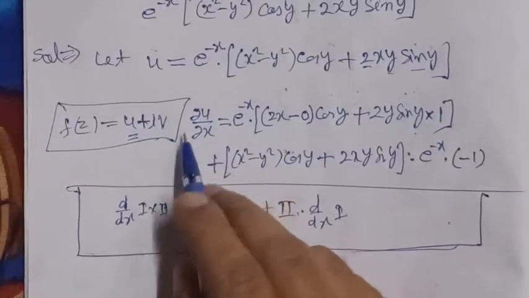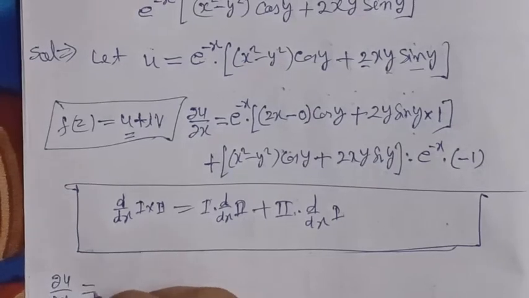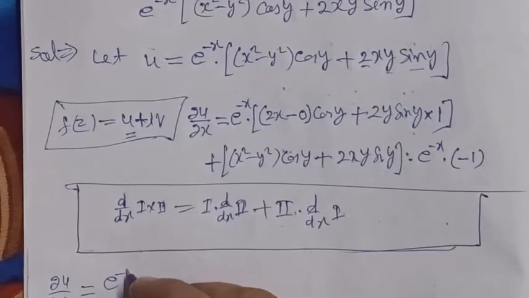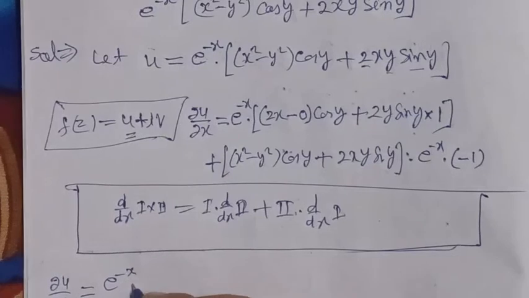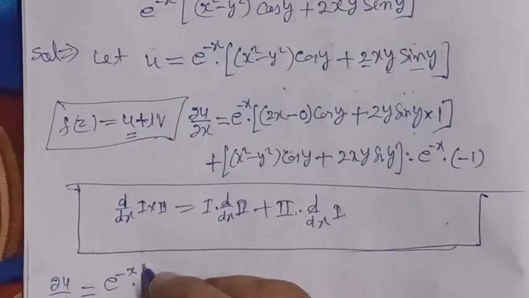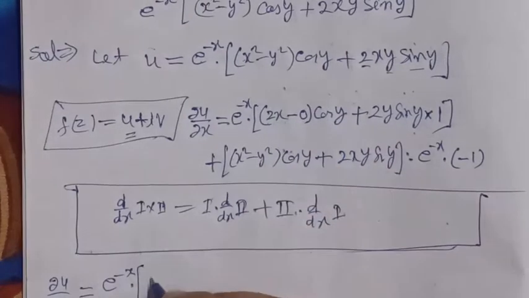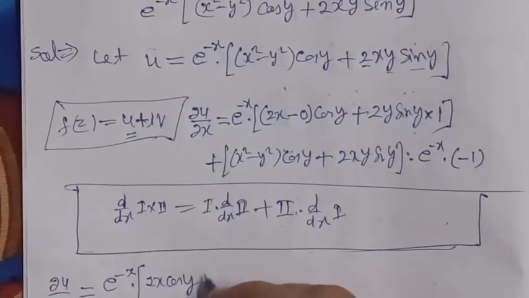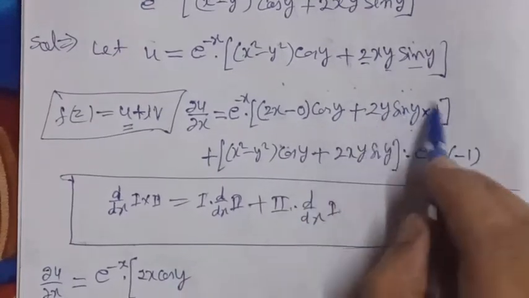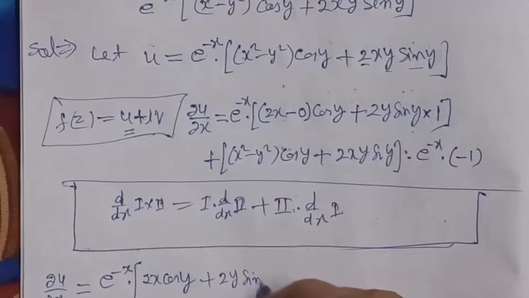So the value of del u over del x equals e to the power minus x, which I take common from the bracket, so we now get 2x cos y and this term plus 2y sin y.